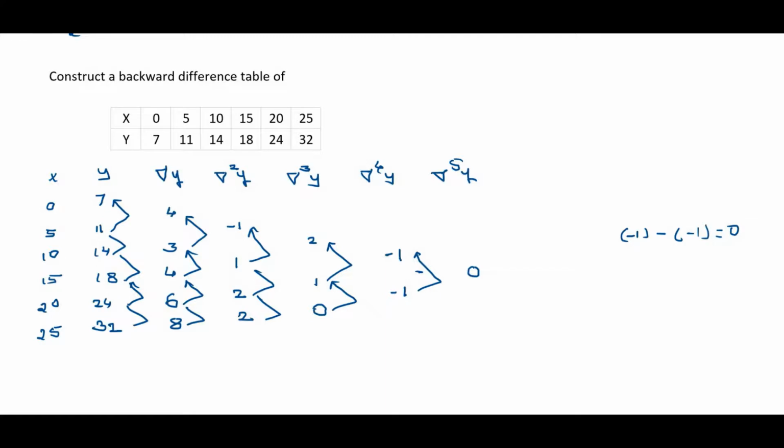So this is the backward difference table. Now, if you see the difference between both the tables, the forward difference table as well as the backward difference table, I have given the same example to construct a backward as well as forward difference table.